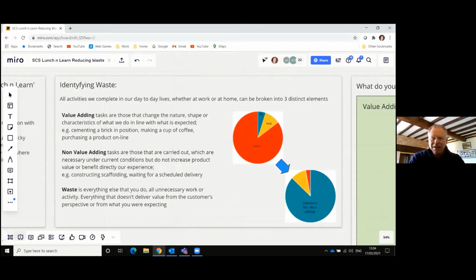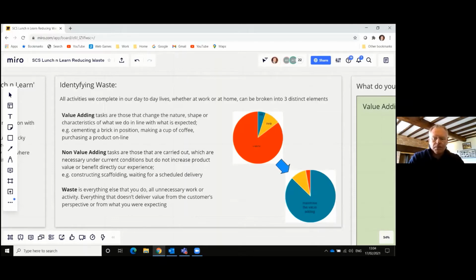And actually, from lean thinking, we're saying this is possibly the wrong place to focus. Our focus should be on the waste areas, the things that we don't do right, the times where things go wrong, or we have to re-engineer something. So our challenge is to focus on the waste, to remove that, and overall that will improve productivity and efficiency.